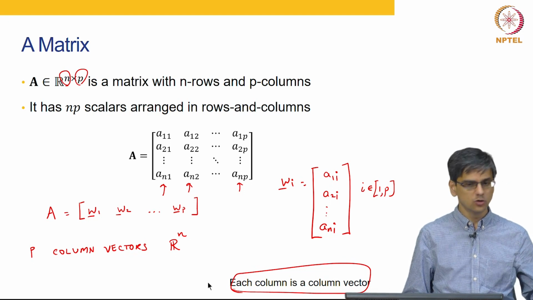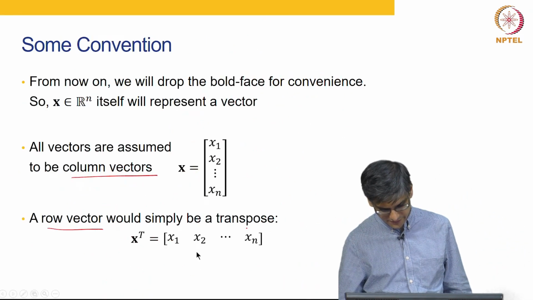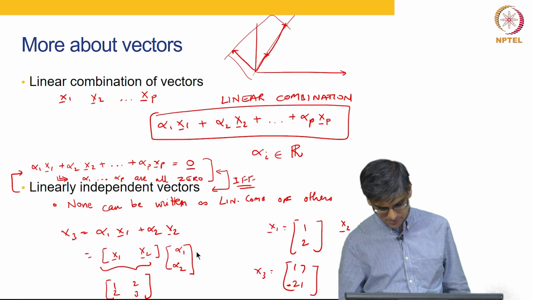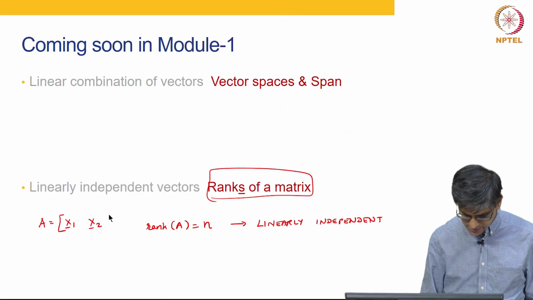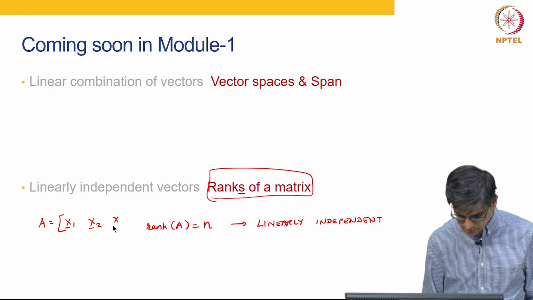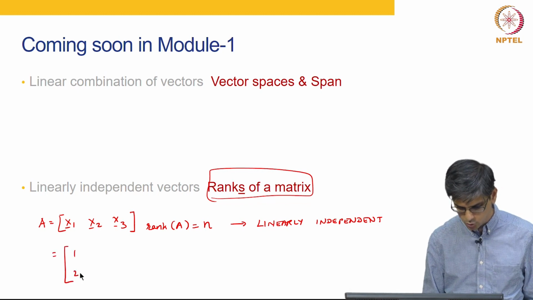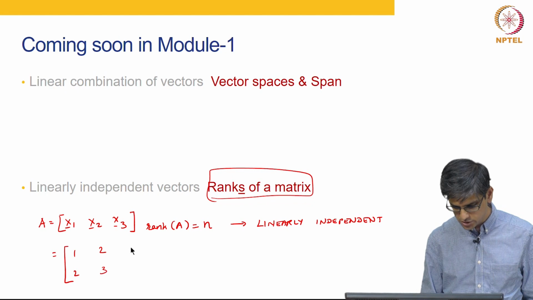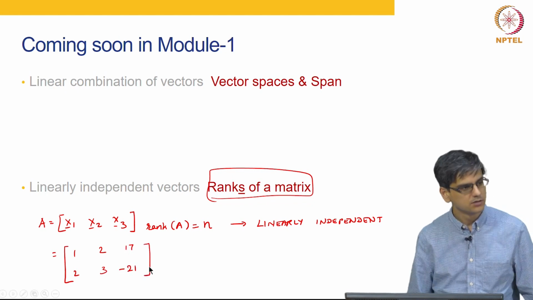Okay. So, when we had the 3 vectors, x1 bar, x2 bar, x3 bar, this one was 1 2, 2 3, 17 and minus 21.